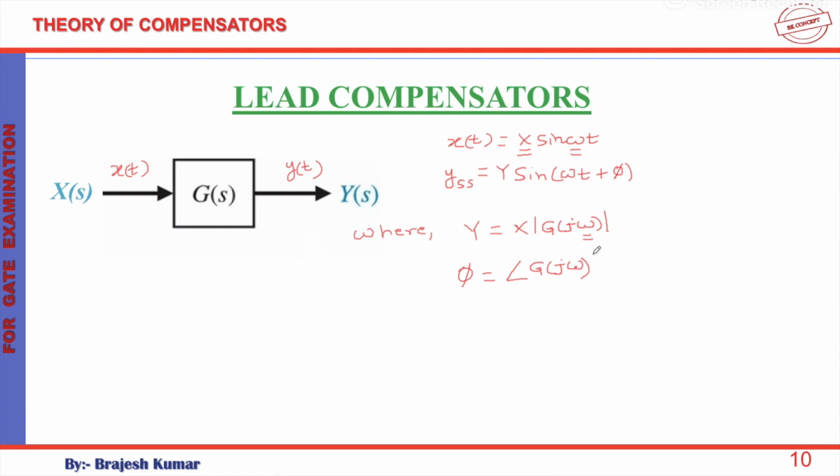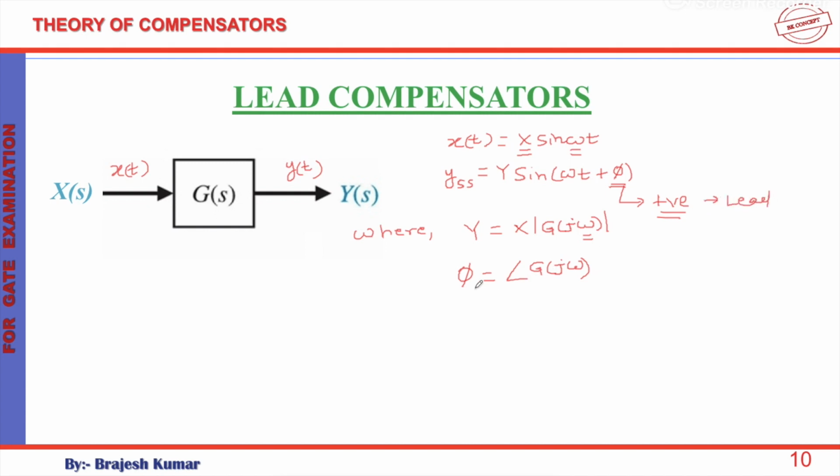Now, while designing lead compensator in the previous class, I said that it is the sinusoidal input which decides whether a compensator is lead compensator or lag compensator or lead lag compensator. So, in this particular case, we want our compensator to lead the output. So, if phi is positive, then we say that there is a phase lead.